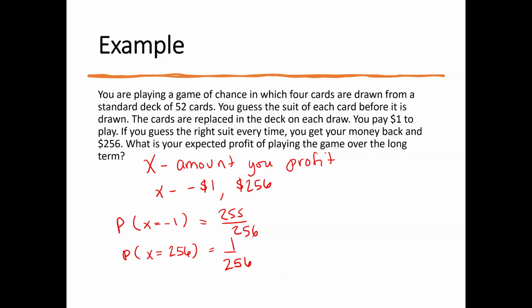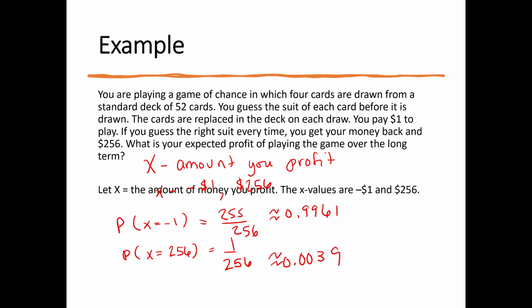Okay, so in the slides, they get decimal approximations to this. So the probability of losing is 0.9961, and the probability of winning is 0.0039. Okay, so from this, I can create a probability distribution table and either let my calculator do it, it's pretty simple, or just calculate the expected value.